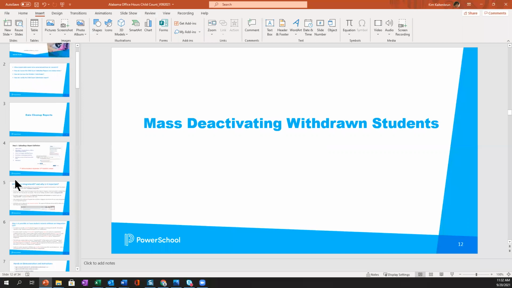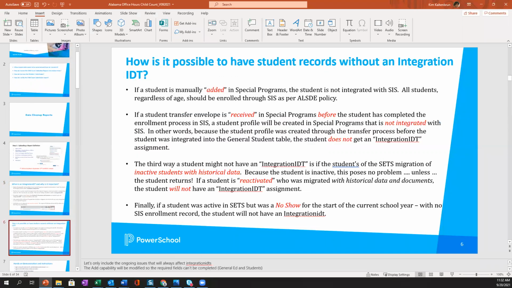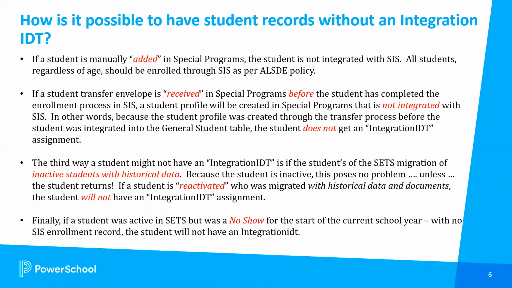The third way is during the migration process, we migrated your inactive students, okay? Because we migrated over 5 years of data. And once a student is archived and inactive and has historical data, he really doesn't have a record to match up to in SIS because the student wasn't imported in during the migration and he's not an active student in SIS.